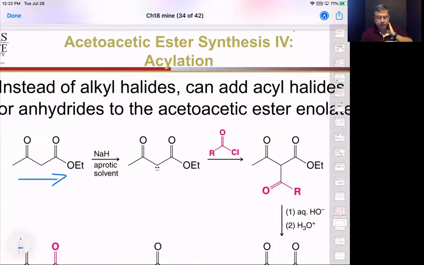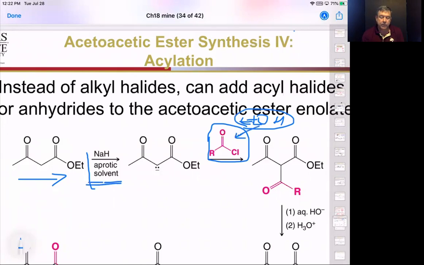Now notice that in the case of our acid chloride, we can't use an alcohol like ethanol right here, because it'll react with the ethanol, it'll react with water. So we have to use a solvent that will not hydrolyze our acid chloride. So that's why we have an aprotic solvent here.